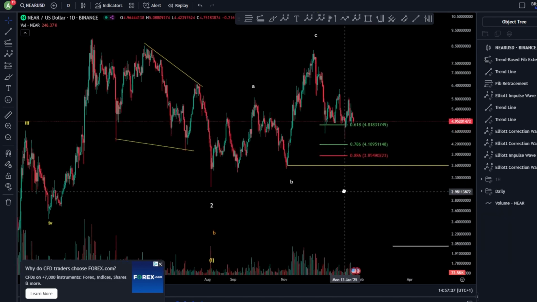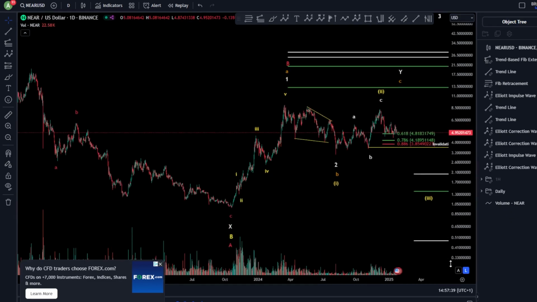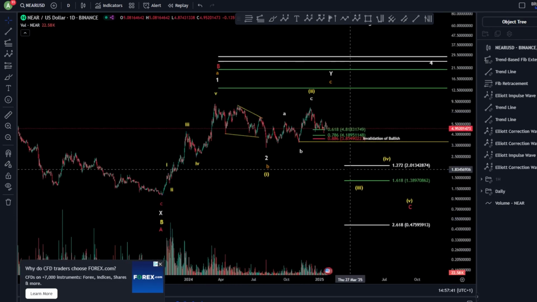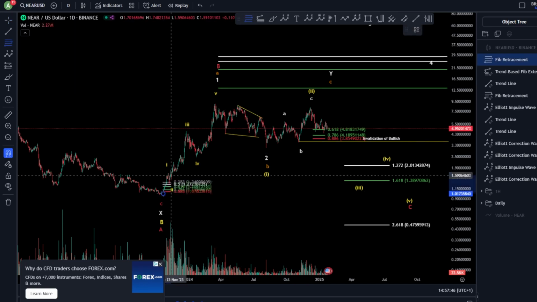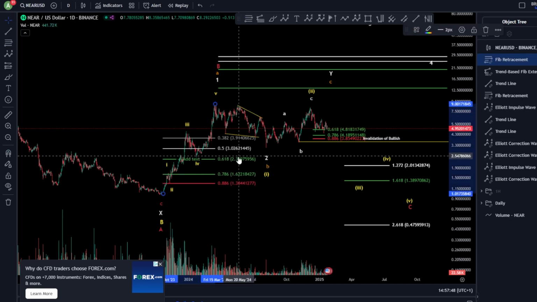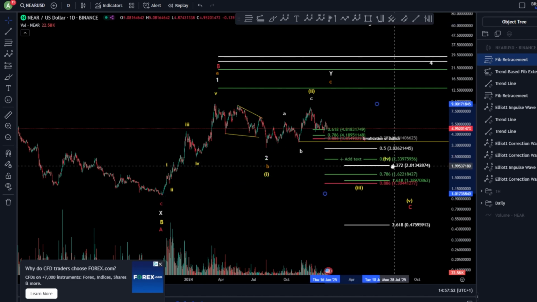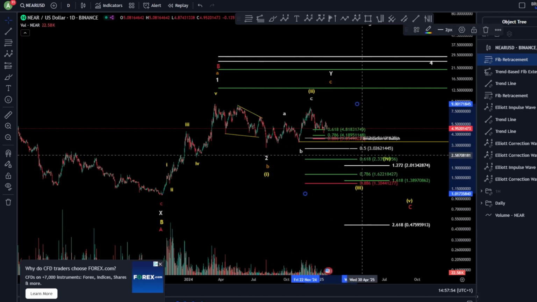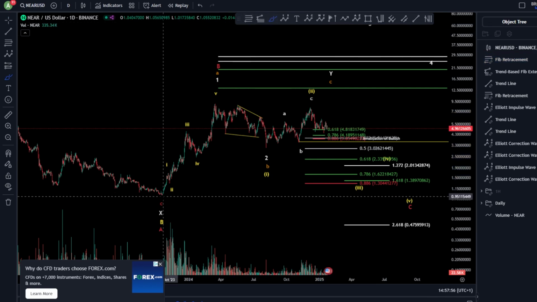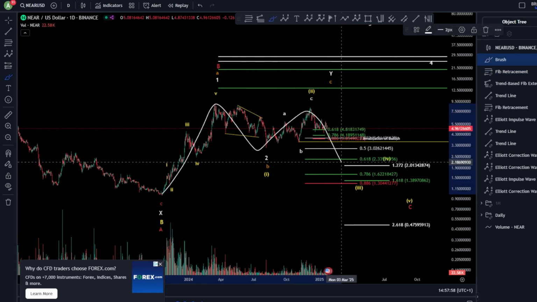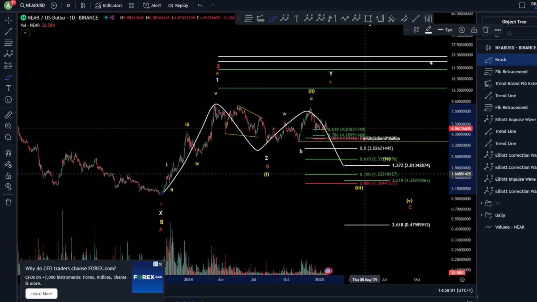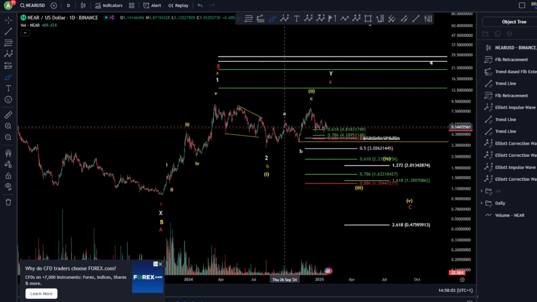If we are impulsive already from this part here as a 1 and 2, you would like to reach probably lower prices. If we take the fib level here, we have reached so far the 0.5 fib level. It might also not be enough yet, even as a correction after this wave 1, A, B, and a C. It still might be looking to finish this wave 2.